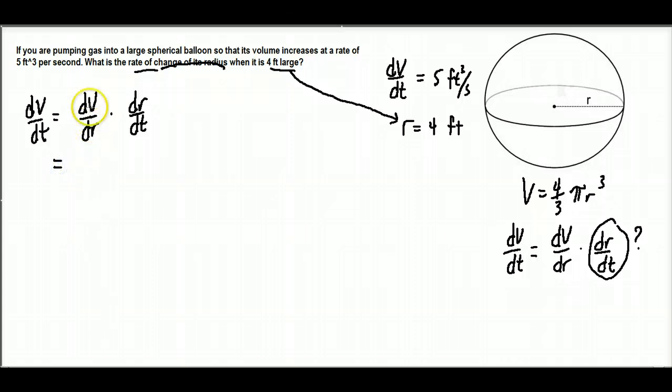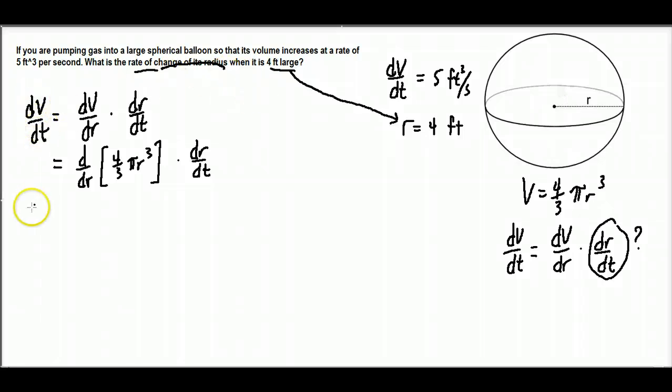Okay, and so coming here, we know that this portion here, we just need to take the derivative of the formula for volume times dr/dt, and we know that this value here, the dV/dt, is just 5.